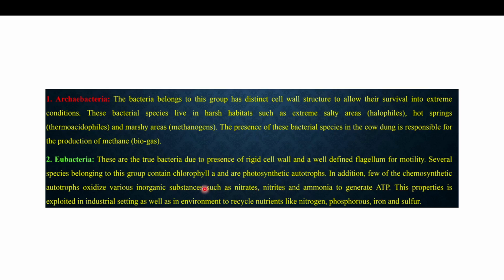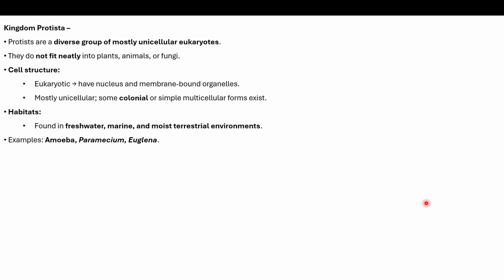This reaction to produce nitrates and the generation of ATP is exploited in industrial settings as well as in the environment to recycle nutrients like nitrogen, phosphorus, iron, and sulfur, which are required by plants.